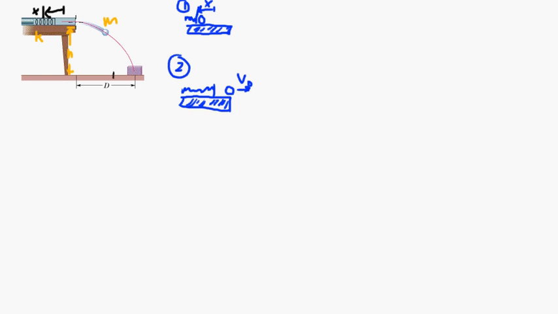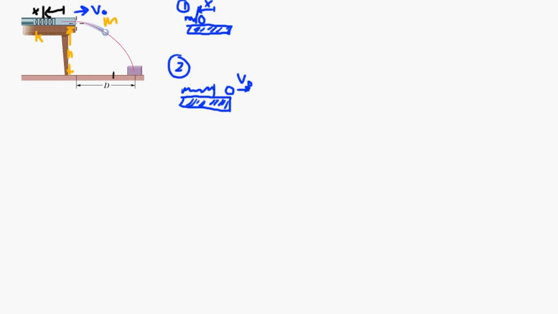Then we look at what happens if you go off at some speed v0. How does that relate to D? Let's start by seeing how, if we launch at a speed v0, that relates to the distance D we go.